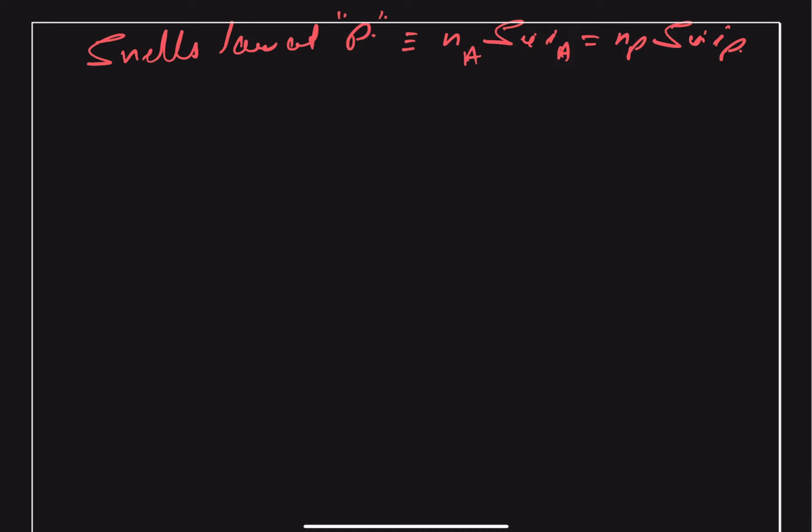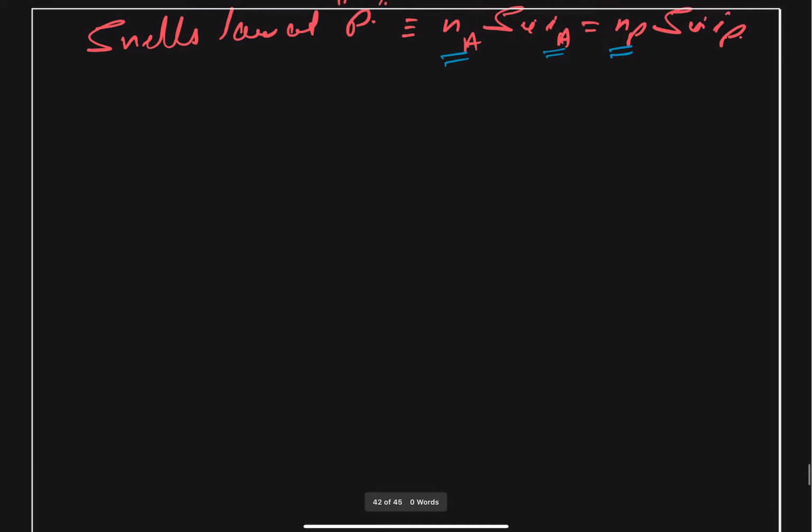NA is 1, IA is 90 degrees, and NP is also 1. So we can write 1 sine 90 is equal to sine of IP.